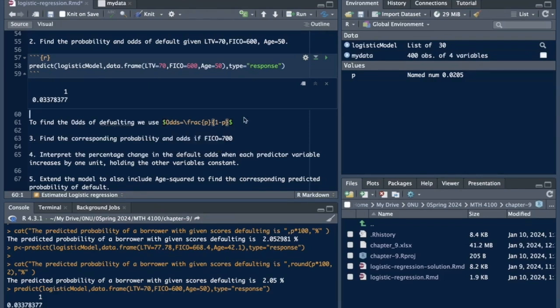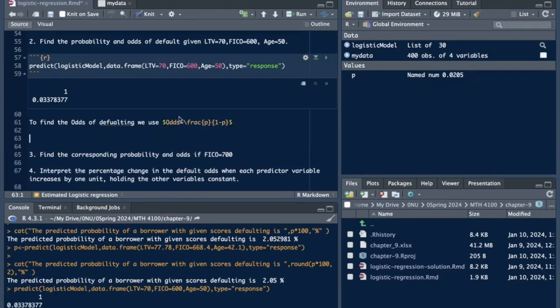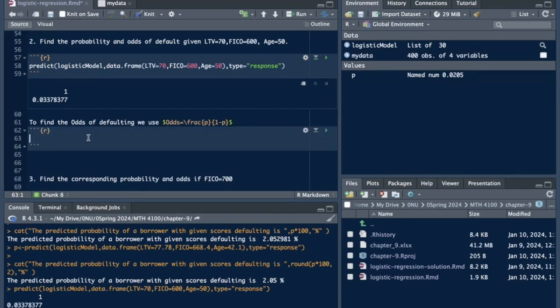You have to add the hat. So the odds of defaulting is P hat divided by 1 minus P hat.